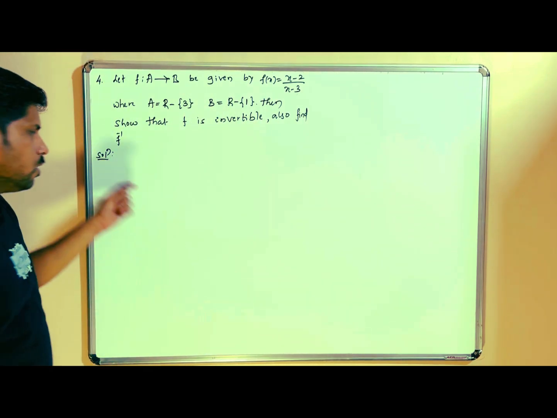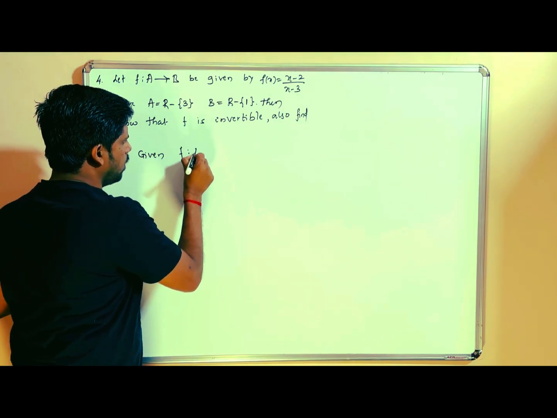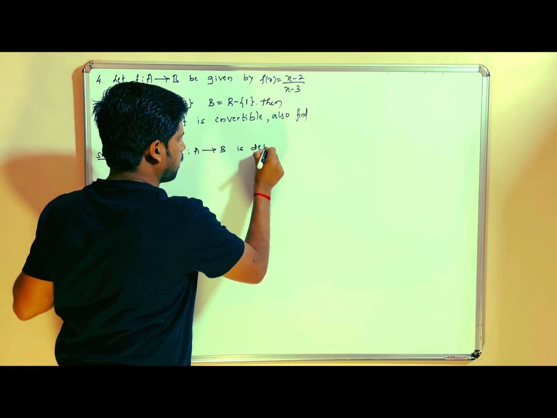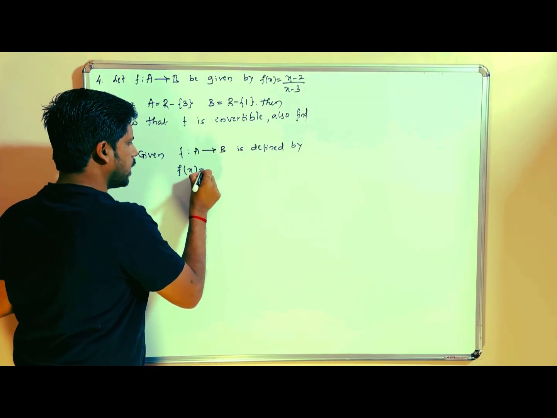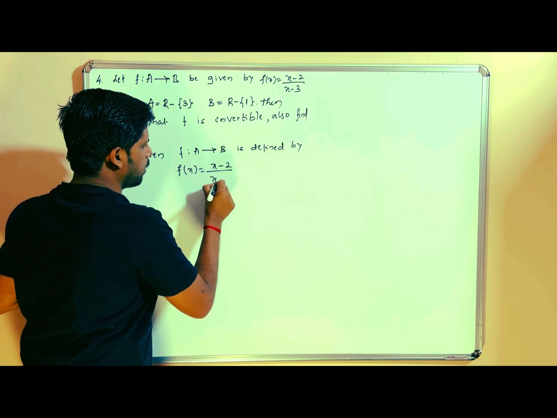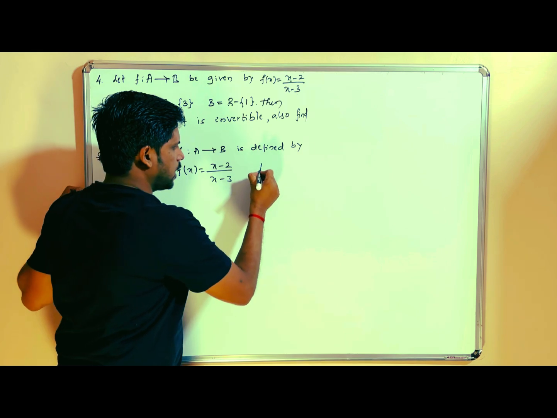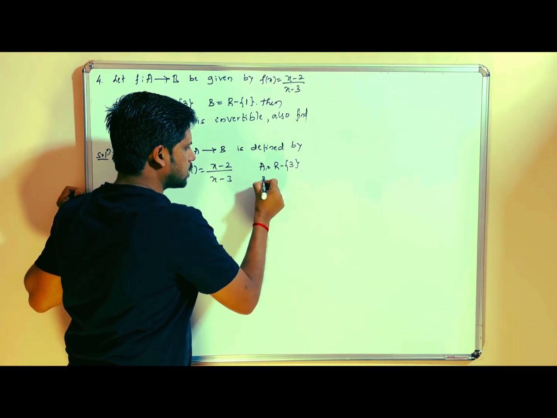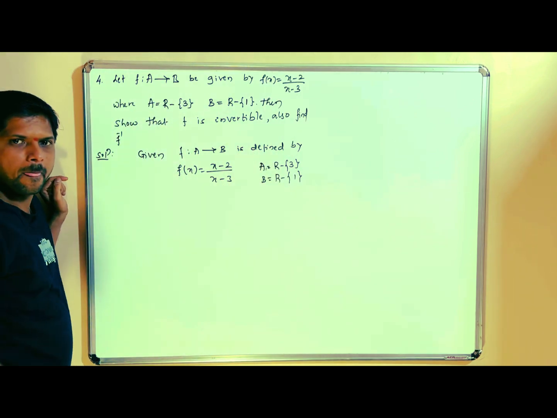So the given condition is f from A to B is defined by f of x is equal to x minus 2 divided by x minus 3, and the set A is equal to R minus singleton 3 and the set B is equal to R minus singleton 1.